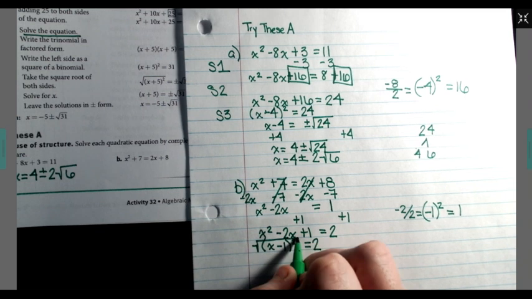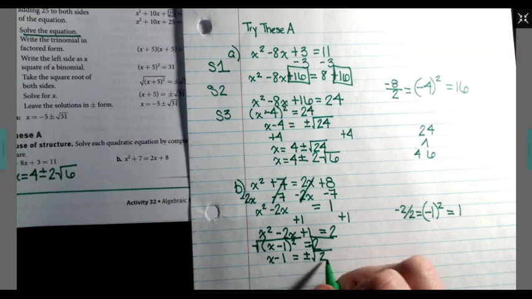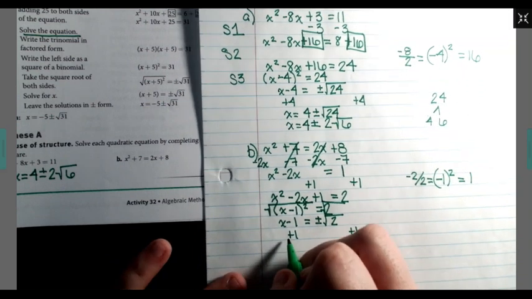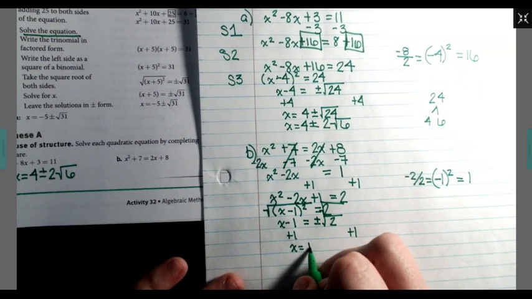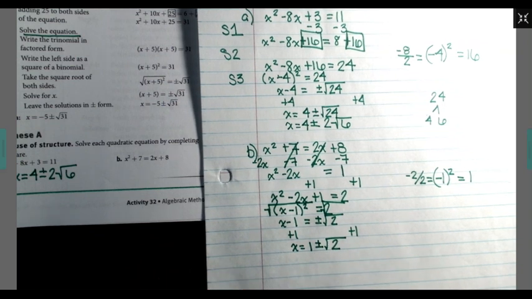We take our square root of both sides. So x minus 1 equals plus or minus the square root of 2. Then we add 1 to both sides. X equals 1 plus or minus the square root of 2.